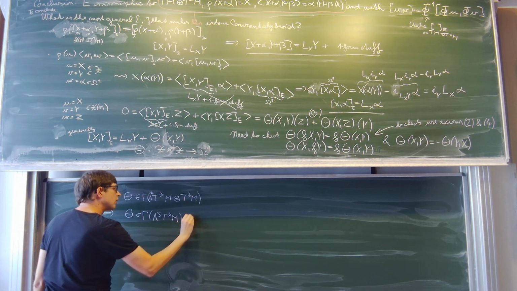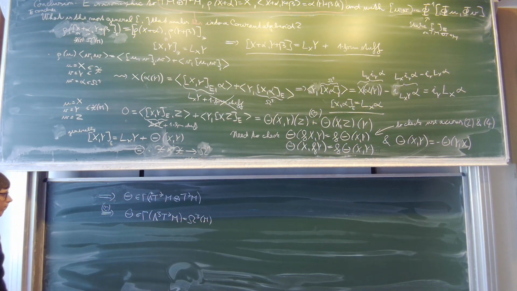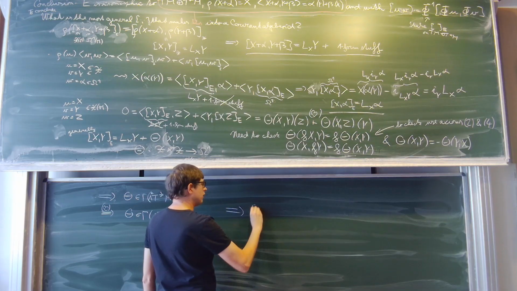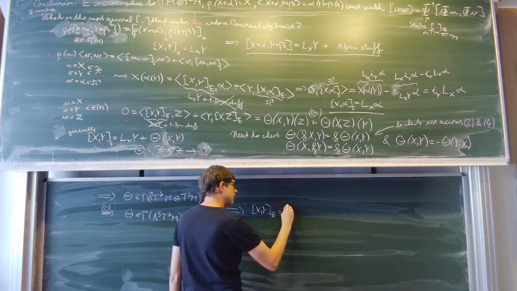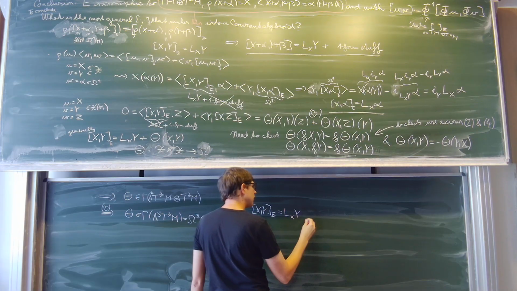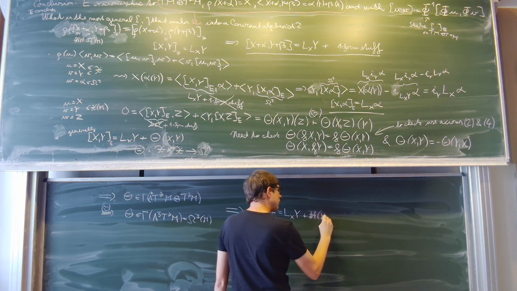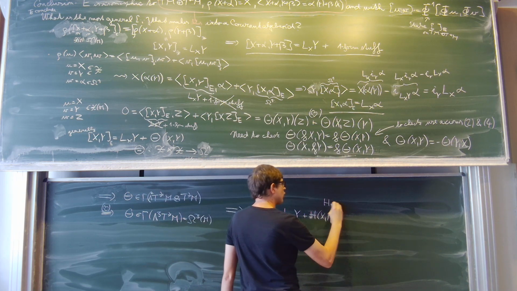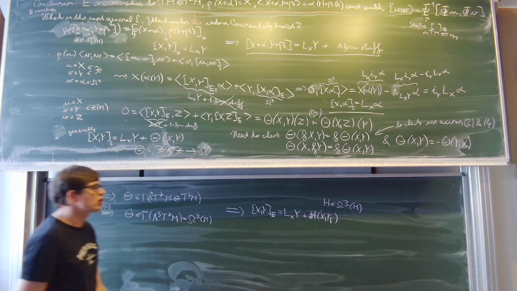So it's a 3-form. And hence the bracket of x and y, the full one, is given as the Lie bracket of x and y, and then some 3-form, h, of x, y, dot. So now I rename theta to h to match with what we had before.